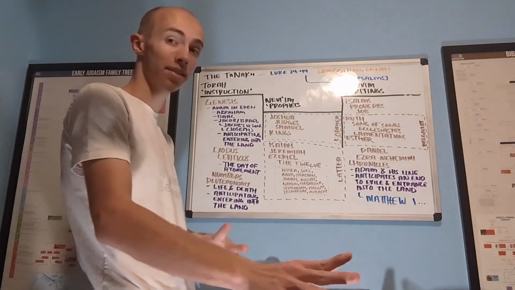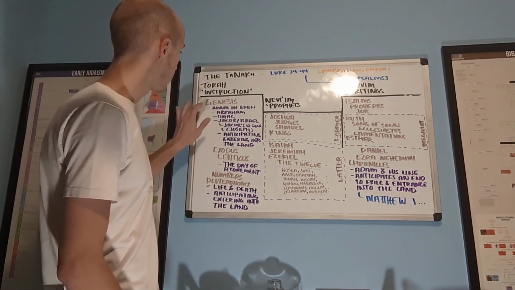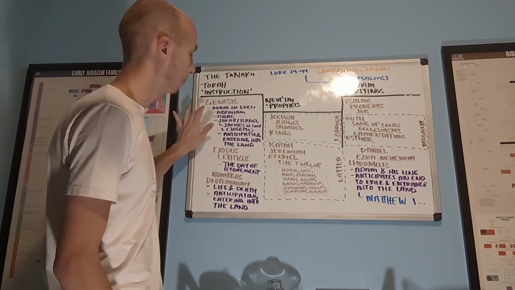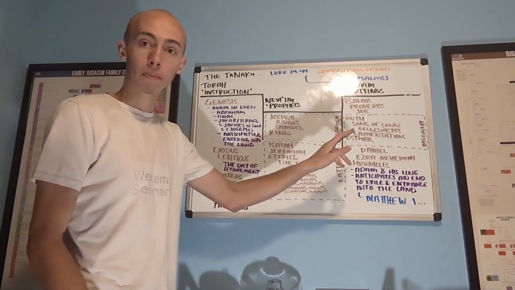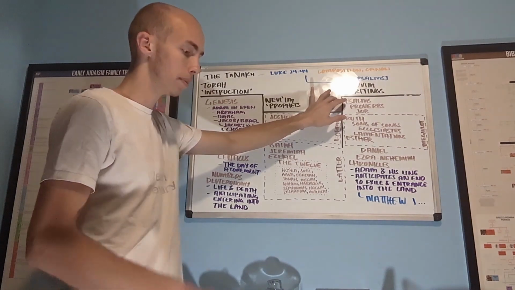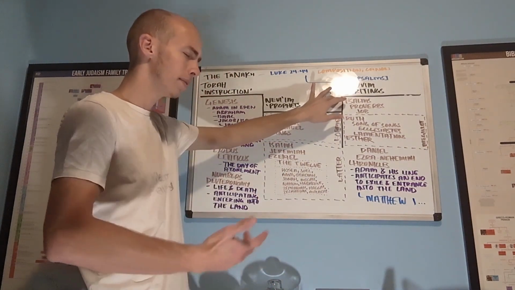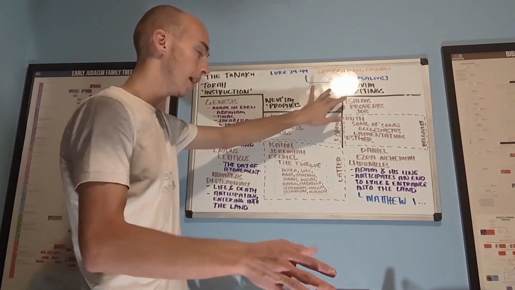In fact, let me show you this, because if this other stuff didn't blow your mind, here's this. Genesis begins with Adam in Eden. Psalms, the first book of the Writings, begins by talking about somebody who, if he's faithful and meditates on the instruction of Yahweh, will be like a tree by waters.